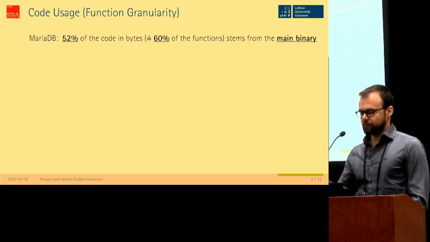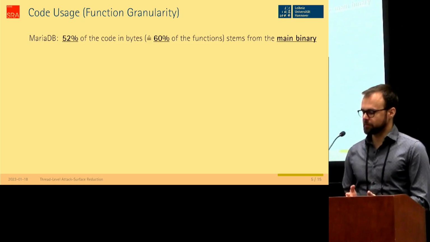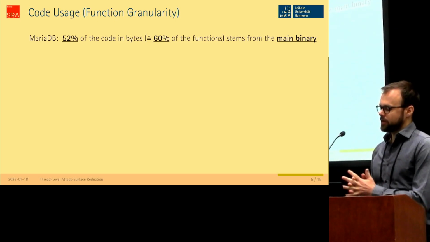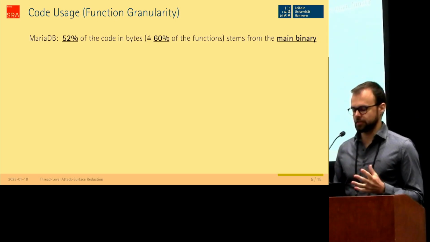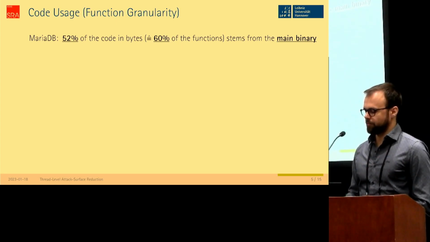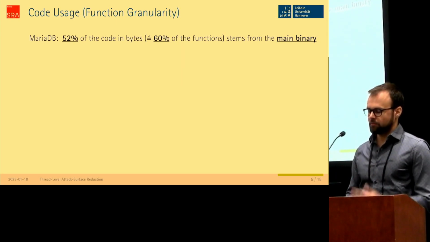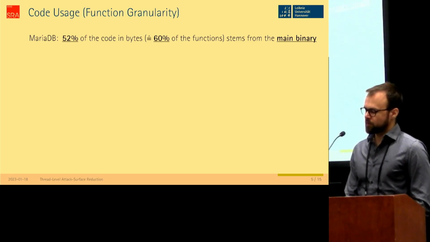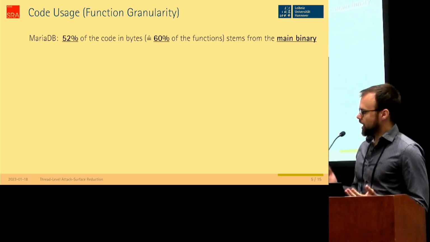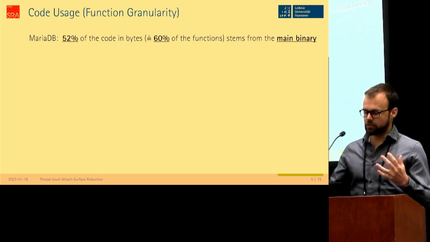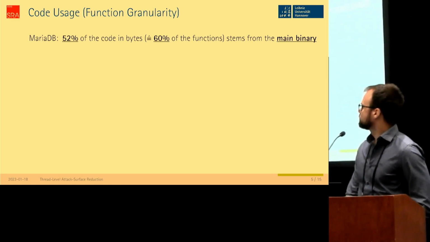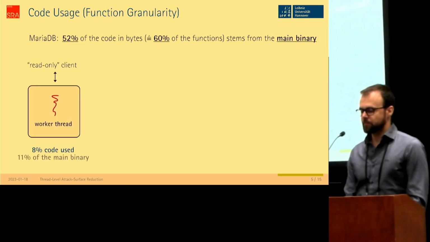And the first finding is that the main executable actually makes up a significant portion of all the code. So 60% of the functions, that's a huge portion. So wiping only the libraries will not touch the majority of the code that is present.